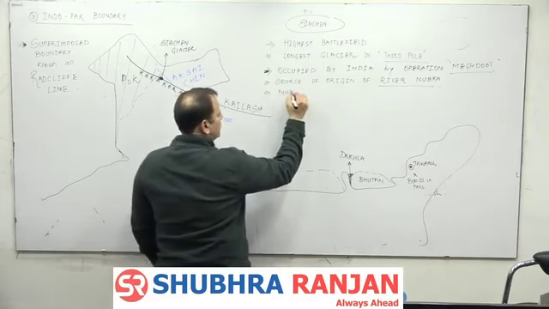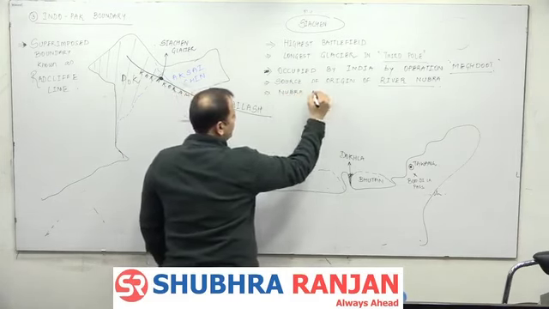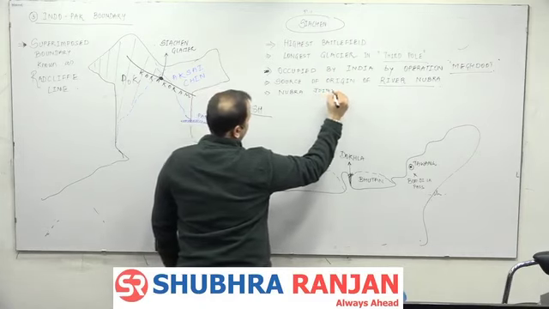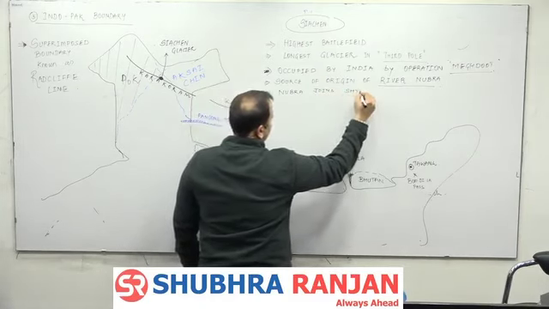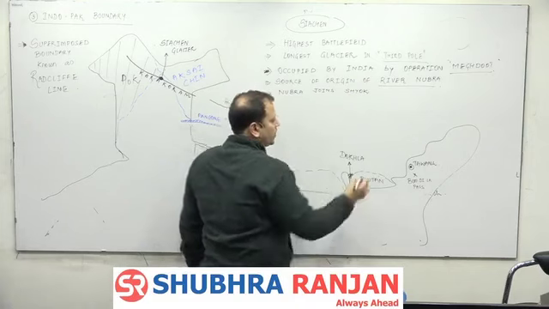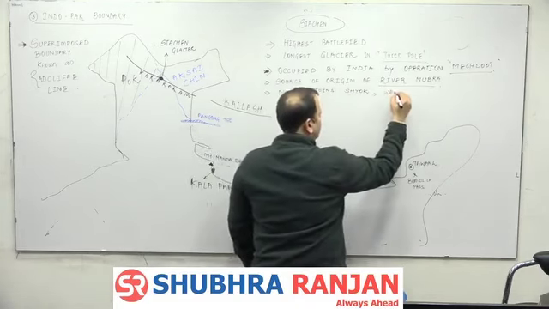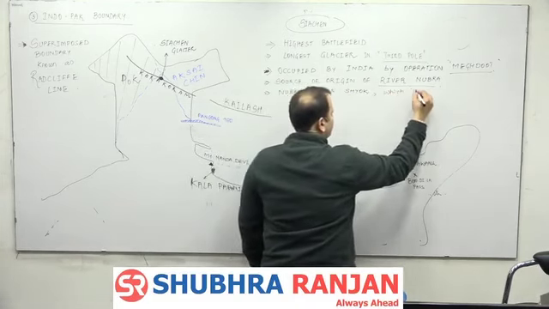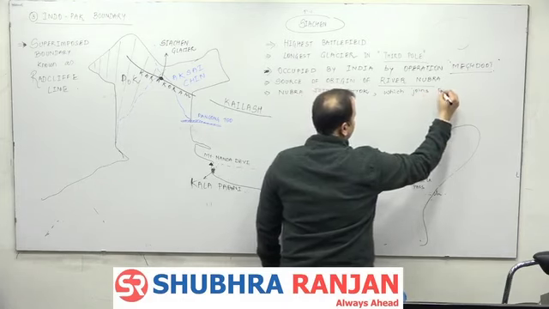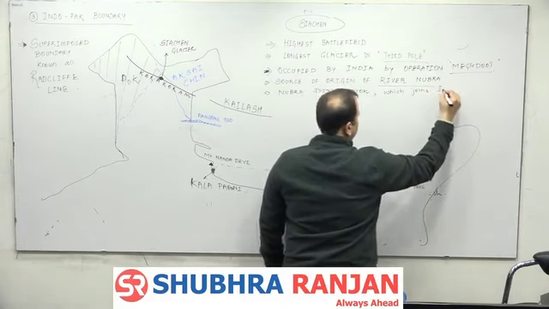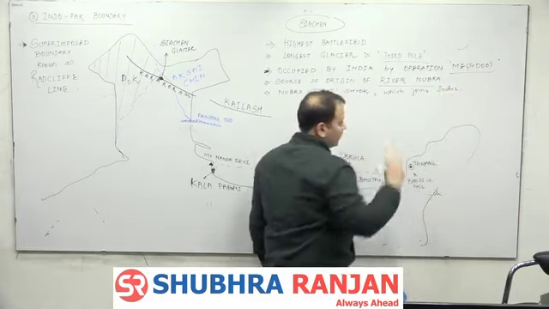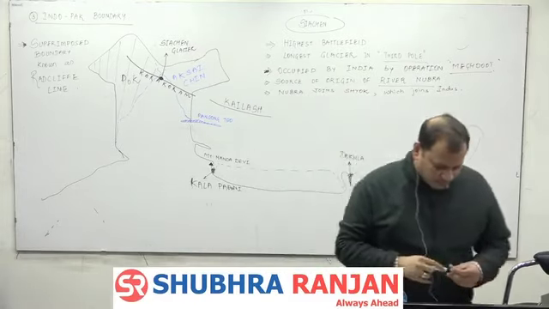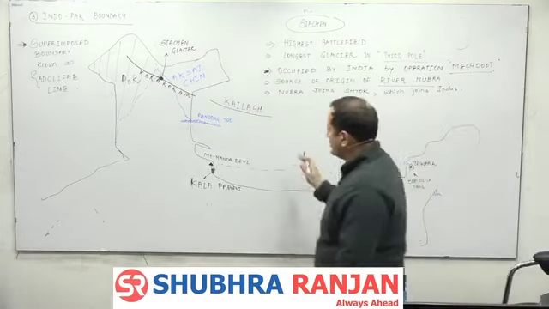Nubra joins Shok, and Shok joins, that is, is a tributary of Indus.